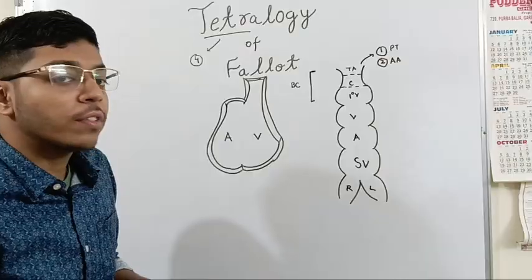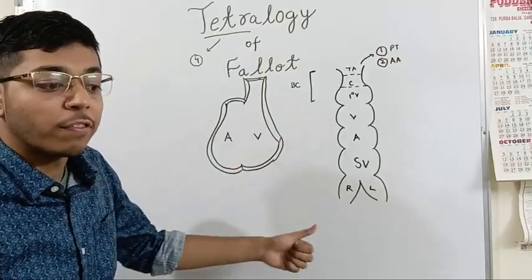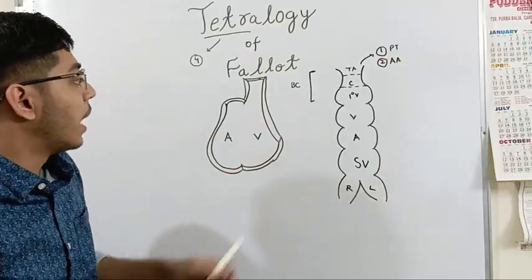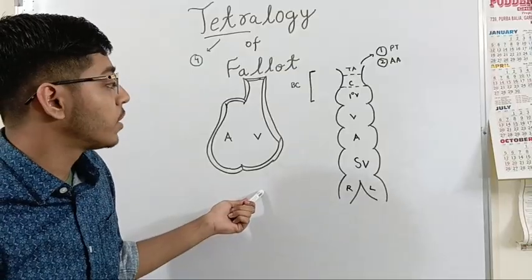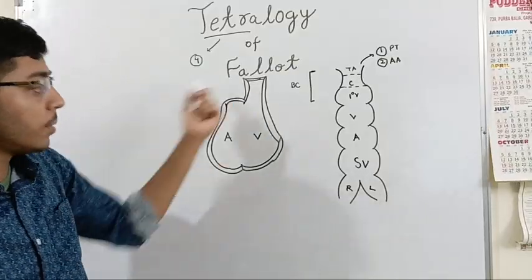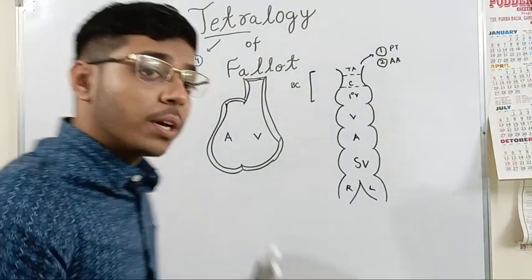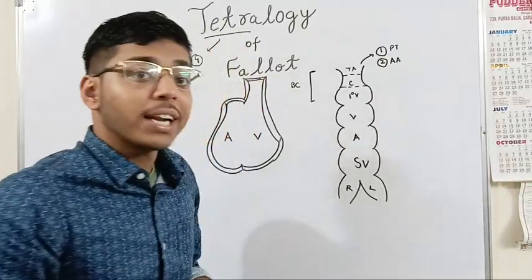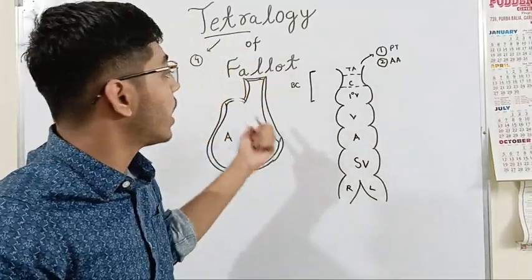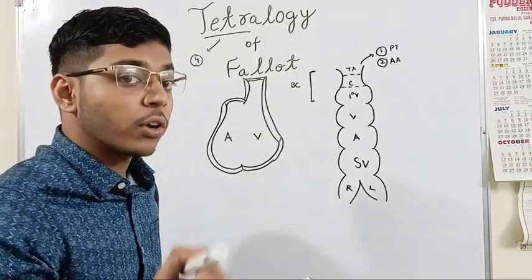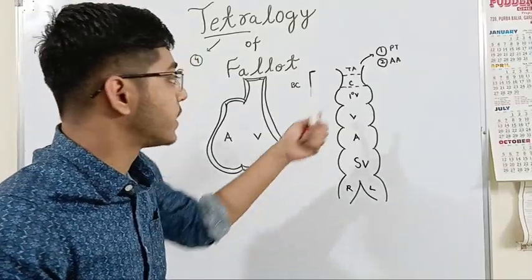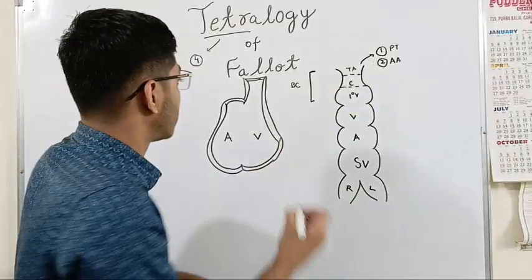Now that we have this knowledge of all the structures developed from the primitive heart tube, let us understand the septums formed in the primitive heart tube. The first septum formed is the spiral septum in the truncus arteriosus part, also known as the truncal septum as it develops in the truncus arteriosus.